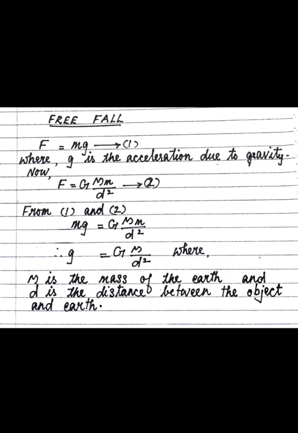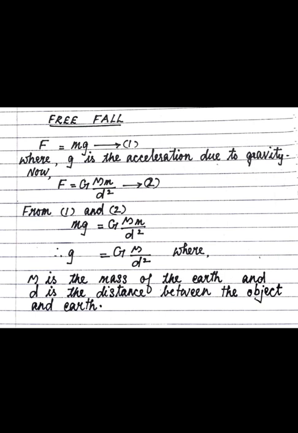So instead of a, we denote it by g, small letter g. Therefore, the magnitude of the gravitational force F will be equal to the product of the mass m and acceleration due to gravity g. So therefore, we can write F is equal to m into g. Let it be the first equation. Here, F is the force, m is the mass of the object, and g is the acceleration due to gravity.